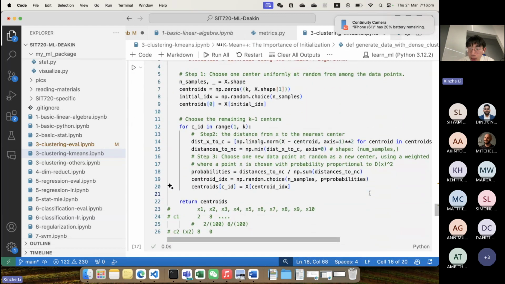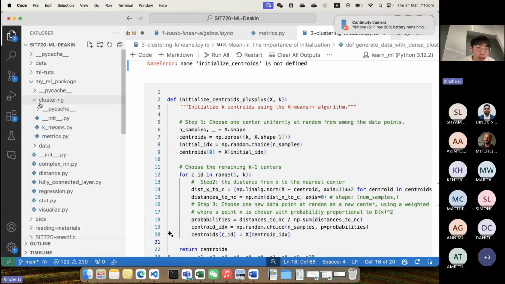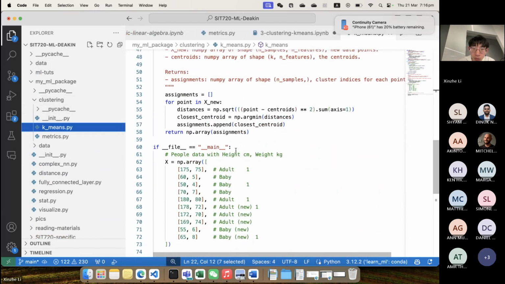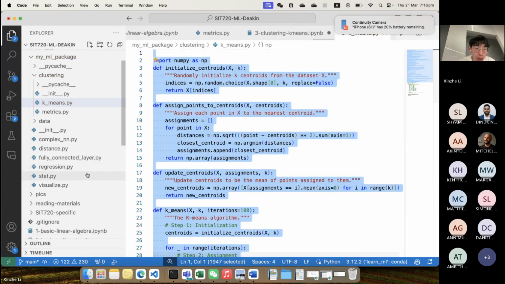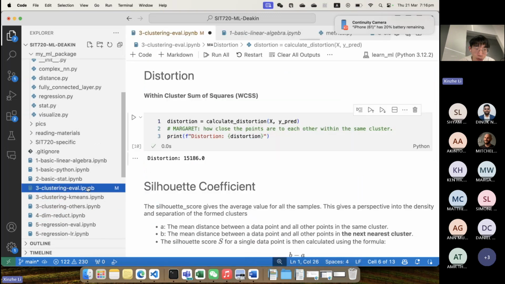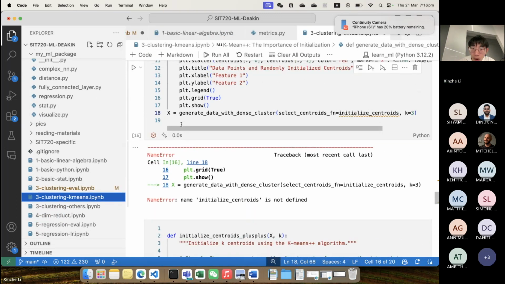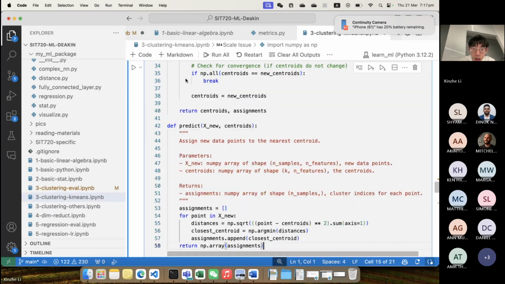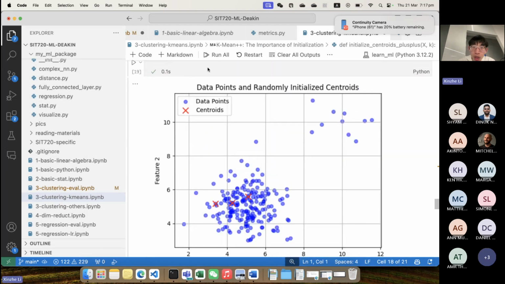I just need the code for implementing K-means. This is the implementation of K-means without using sklearn. I just do it from scratch. So let me copy paste here. Okay, so now go back.